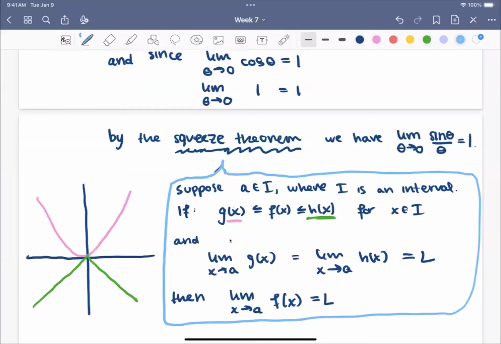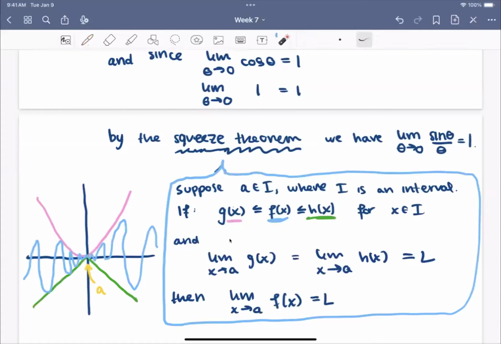And then if f of x, say this is blue, is really anything in between these, so maybe it's some wacky thing, bouncing around a lot, whatever f is doing, the limit, in this case a is 0, is forced to be the same value as the limits of g and h by the squeeze theorem.